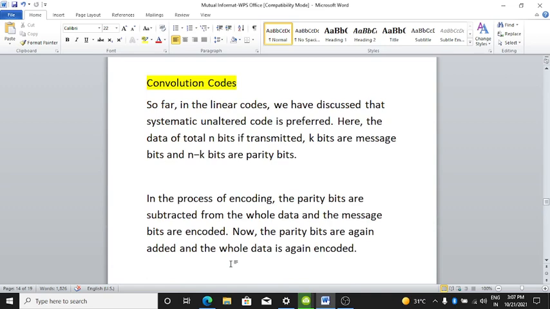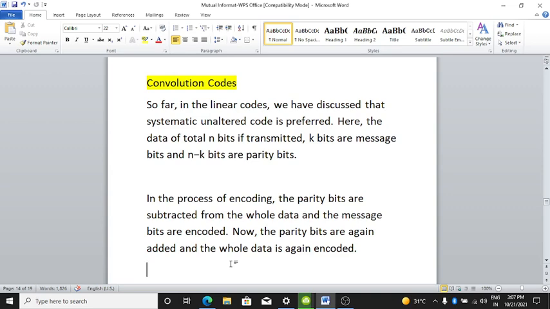So far in the linear codes we have discussed that the systematic unaltered code is preferred. Here the data of total n bits is transmitted. K bits are message bits and n minus k bits are parity bits. In the process of encoding, the parity bits are subtracted from the whole data and the message bits are encoded.